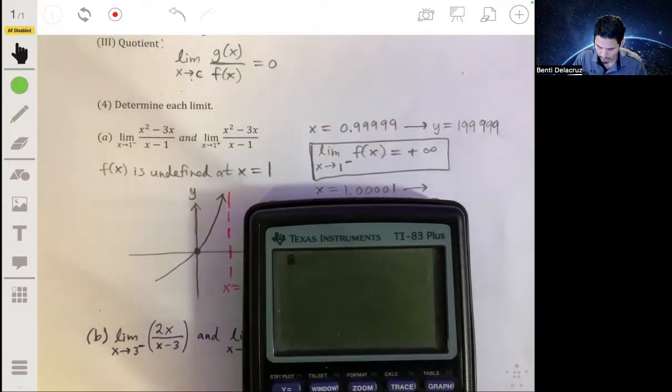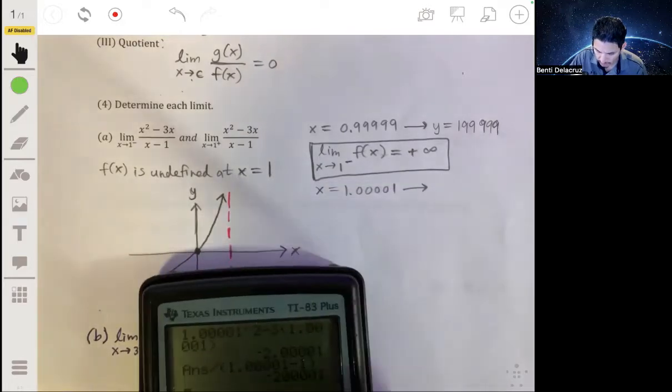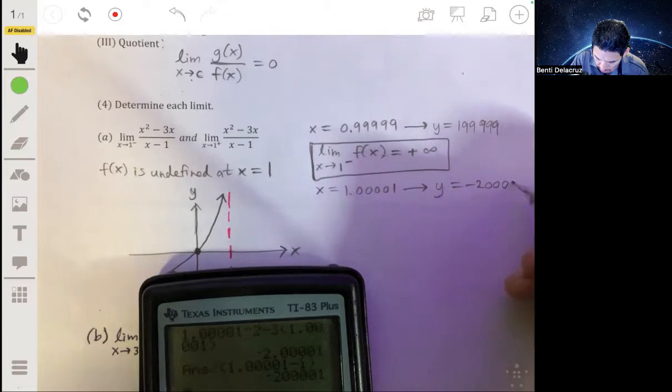So we have 1.00001 squared minus 3 times 1.00001, and we'll divide that by 1.00001 minus 1. And we see we get a very large negative number. y is negative 200,001.